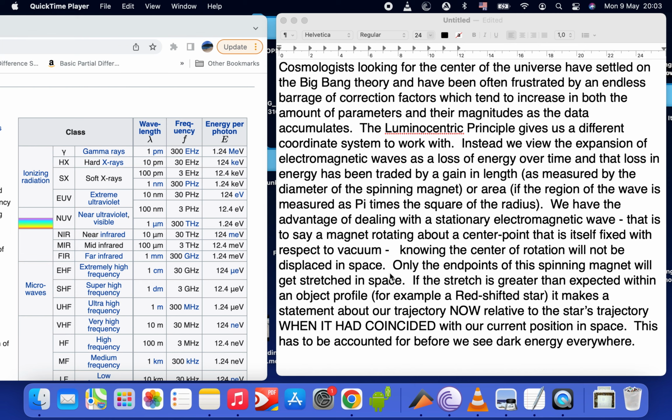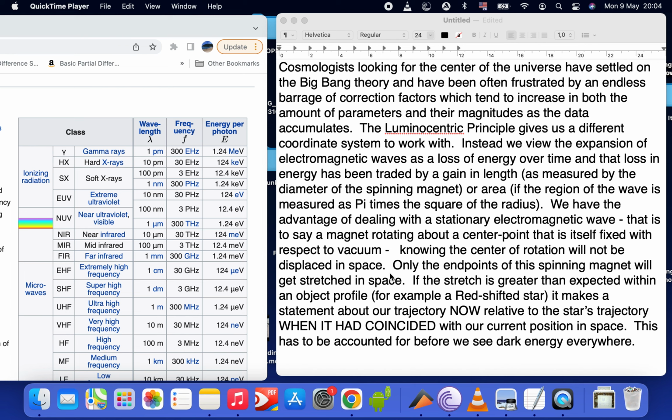And now I go into how the Doppler effect is really, because we are moving in space, what we are measuring with Doppler effect for light, if there is one, is that we are examining our displacement with respect to what the star's trajectory was a long time ago.